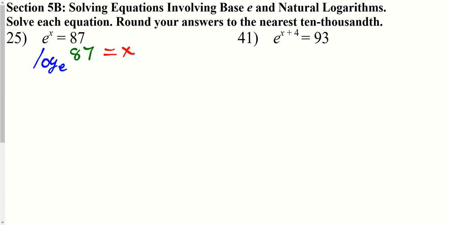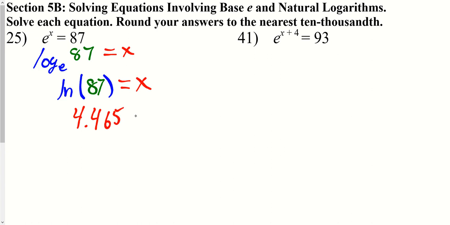But remember, log base e we can write as just a natural log. So it's really natural log of 87 is equal to x. Our variable's on one side all by itself, so we can just type this in. So you want to hit your natural log button, and then go 87, hit enter, and then you get about 4.4659 is equal to x.